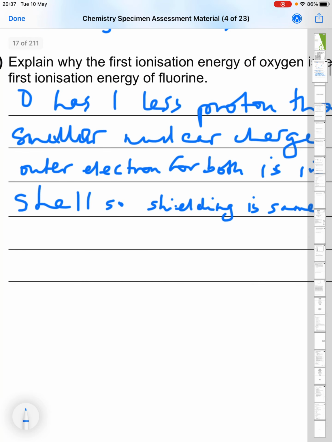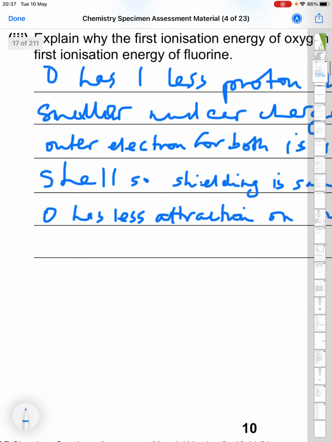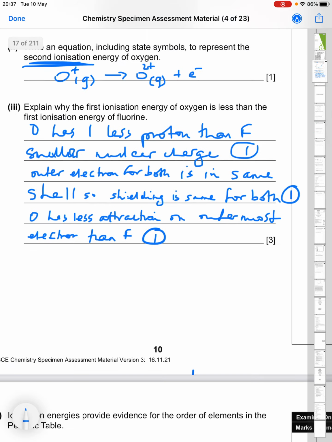And then the third mark is for saying then that oxygen has less attraction on that outermost electron. That's your third mark.